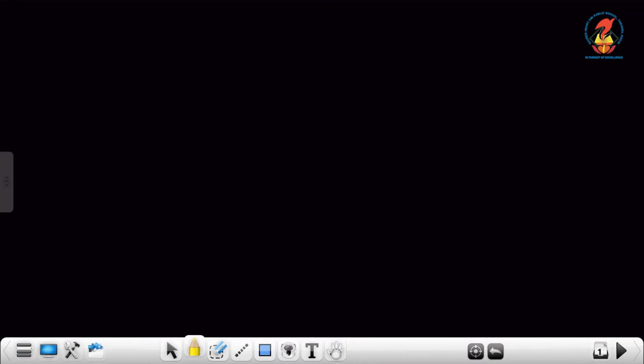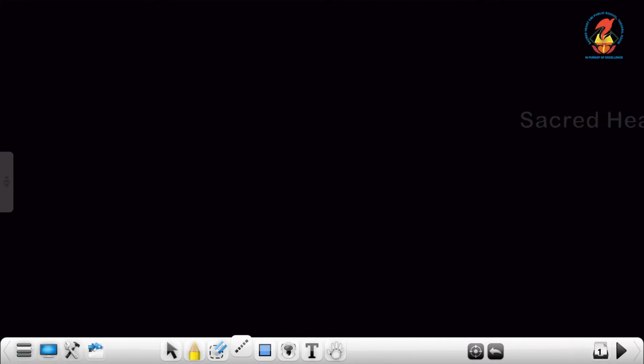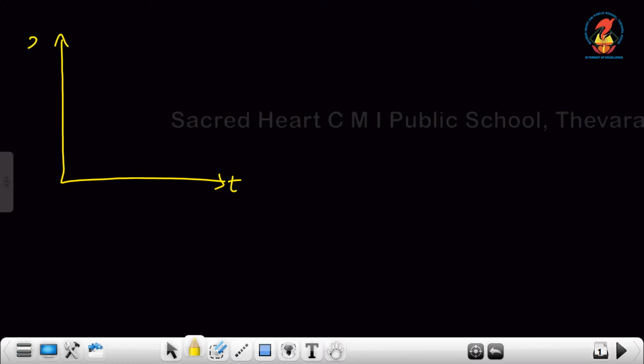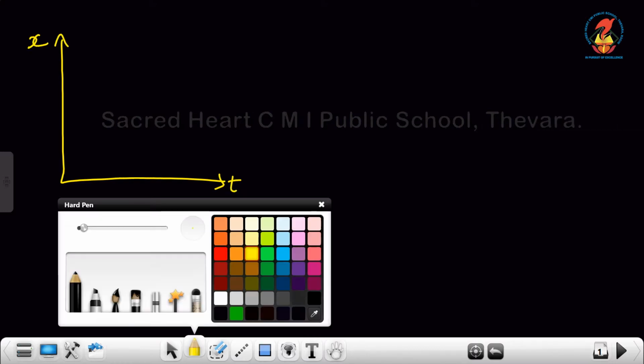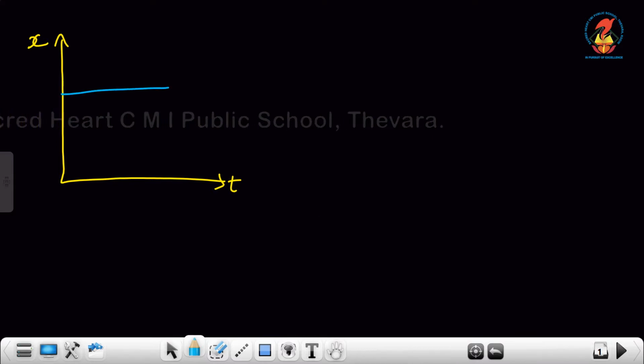So in the position time graph, I first draw like this. This is the time, this is the position, and see, it's a straight line parallel to the time axis.